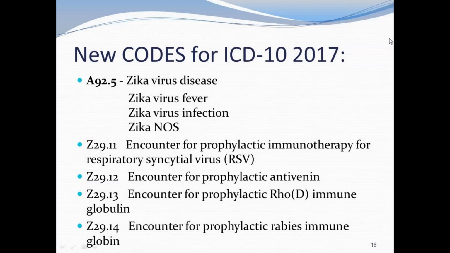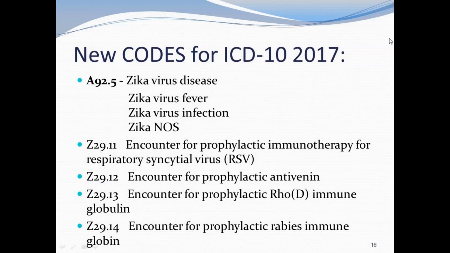I'm not sure if that's the case, but I have a feeling there's probably one out there for the testing of it too, the screening of it, but I didn't have a chance to really look into that, but I'm going to. But A92.5 is your Zika virus disease code. Like I said, that's brand new for October 1st of this year.